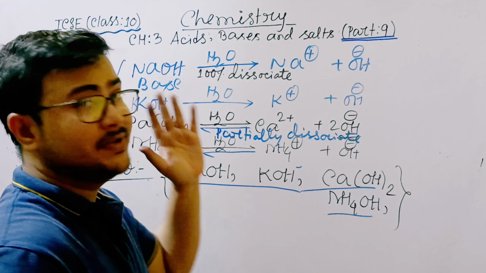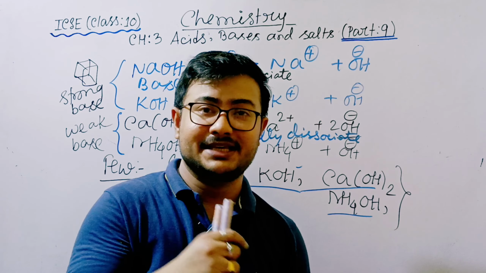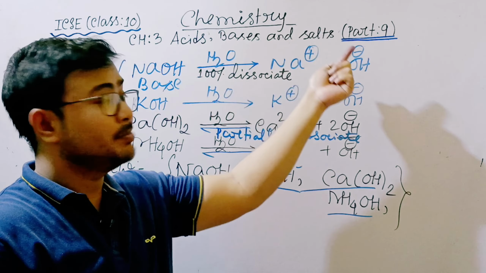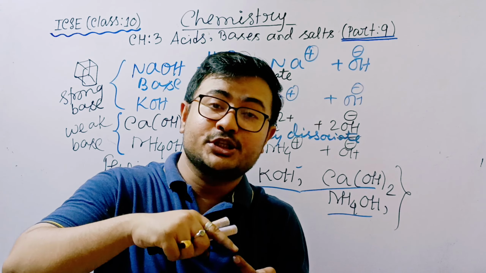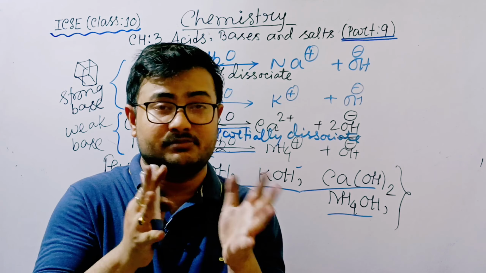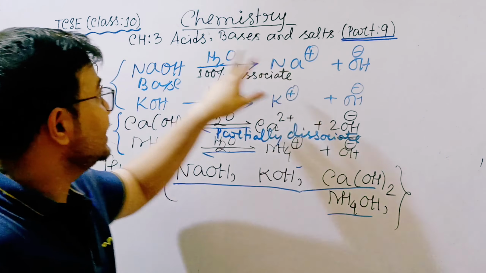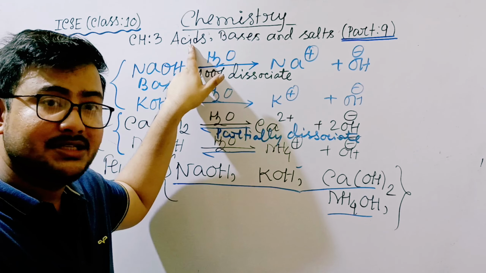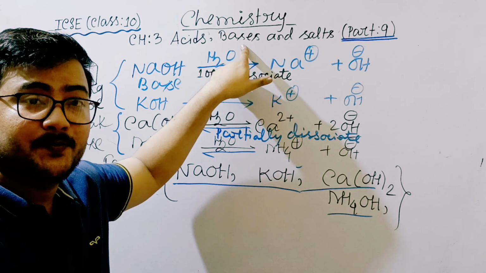In the previous part I already discussed monobasic acid, dibasic acid, that is basicity. In the next part, part 10, I will come with the same concept of basicity, more or less the same type of concept. In the case of acid, I discussed the basicity of an acid: monobasic acid, dibasic acid, tribasic acid.